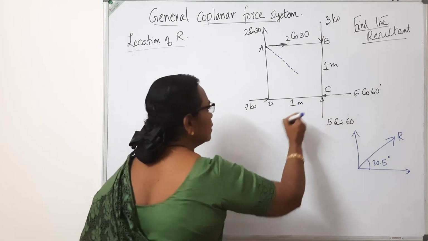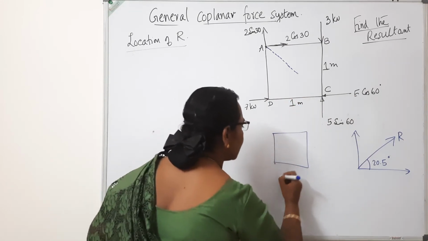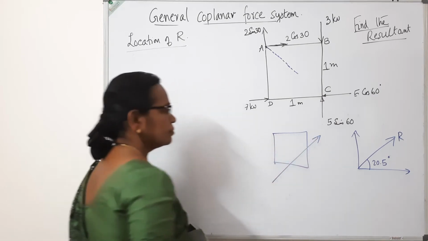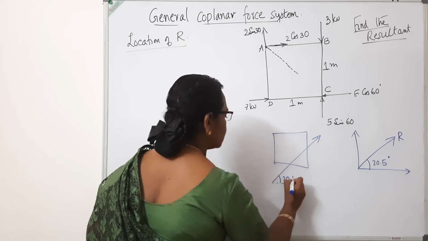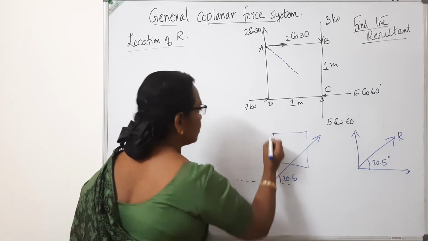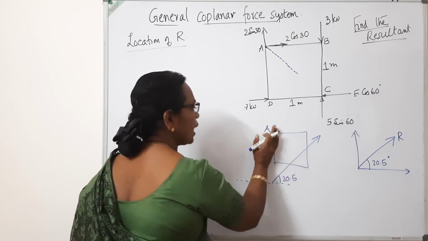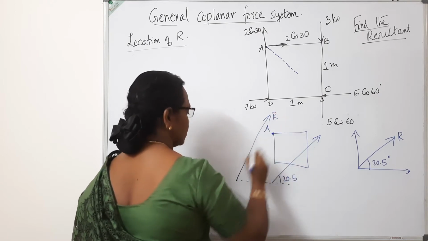This is the direction in which the resultant is going. So the resultant can be something like this, making an angle of 20.5 degrees with x-axis. It can be here. This is point A. This can be either on the lower side of A, or it can also be like this, somewhere here.